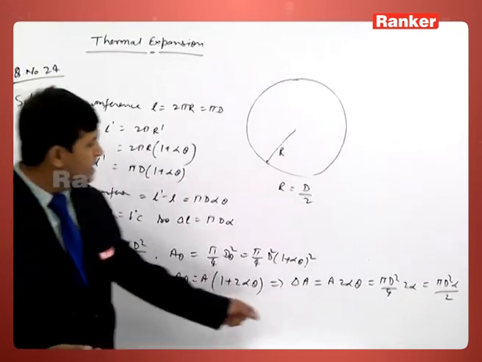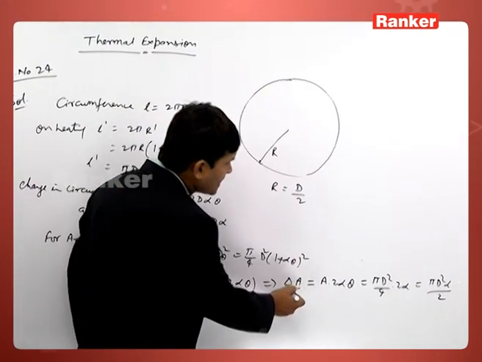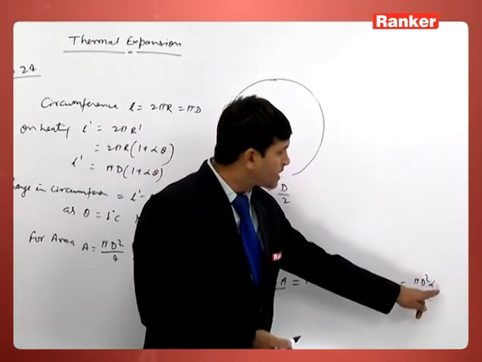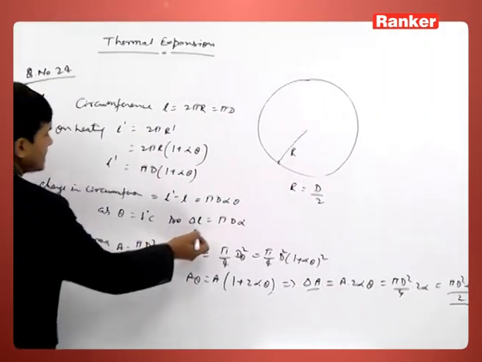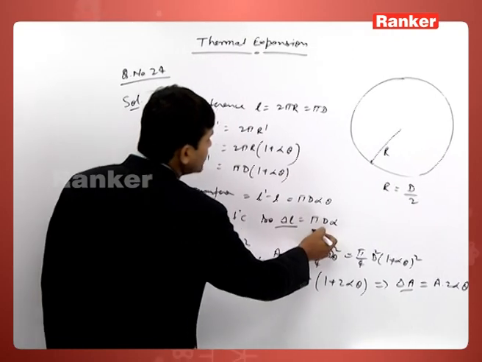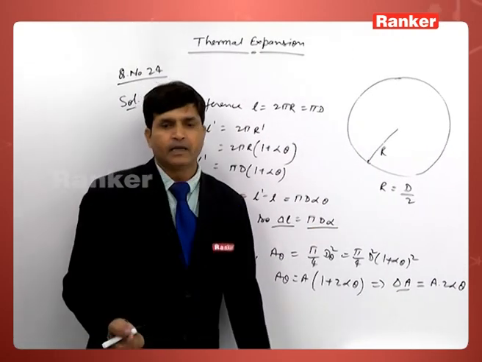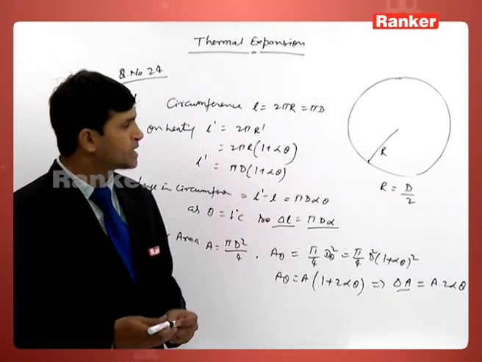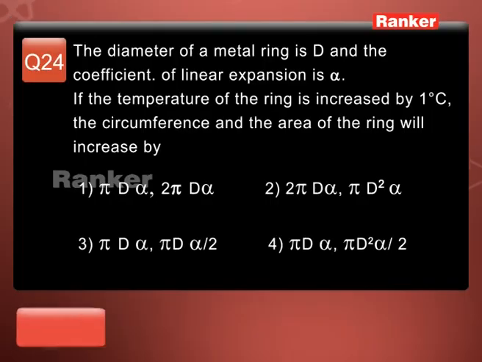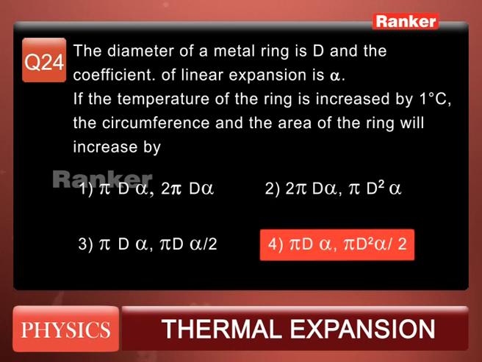So the change in area is pi d square alpha by 2, and the change in perimeter is pi d alpha. So our correct option is option number 4.